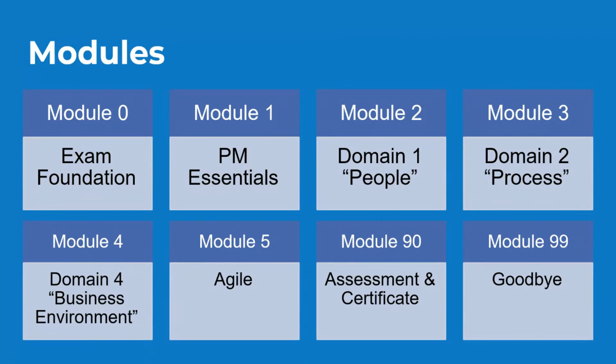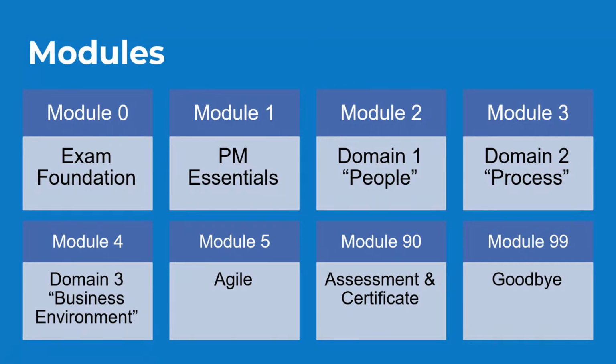Oh, there's a typo. Wait, let me fix that. This is not domain 4 of the ECO. This is obviously domain 3. Let's see if this works live. Make that change. There we go. Perfect. So this is domain 3 of the ECO, right there at the bottom left. Module 5 is Agile, and then 90 and 99, Assessment, Certificate, and Goodbye.